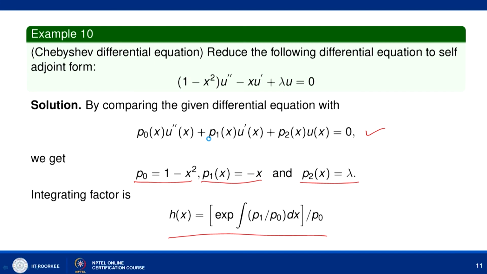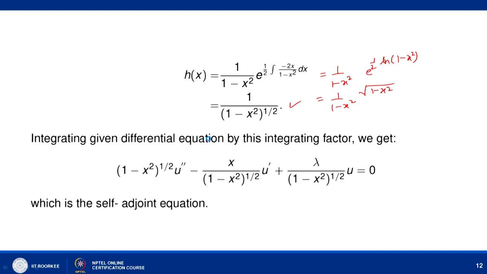So multiplying throughout by 1 over the square root of 1 minus x square, we have the following differential equation: (1 minus x square) to the power half u double dash minus x divided by the square root of 1 minus x square u dash plus lambda times this. You can easily check that the derivative of this is given by this. So this is given in self adjoint form.